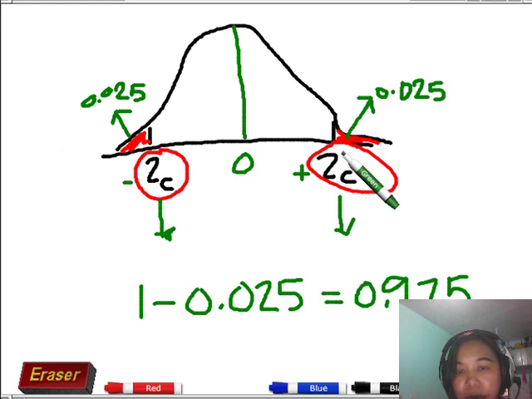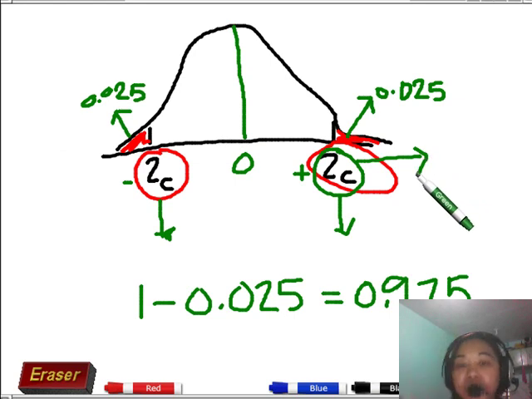So we could start by looking for the value of Z on the right of your 0. So that is 0.975.